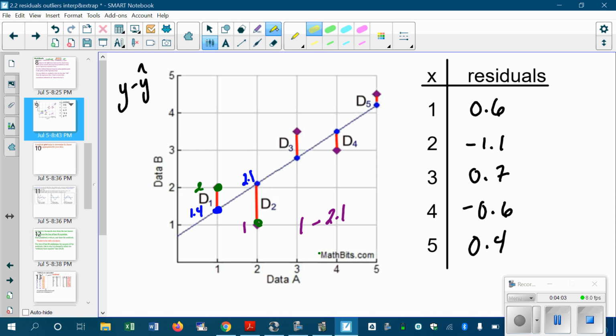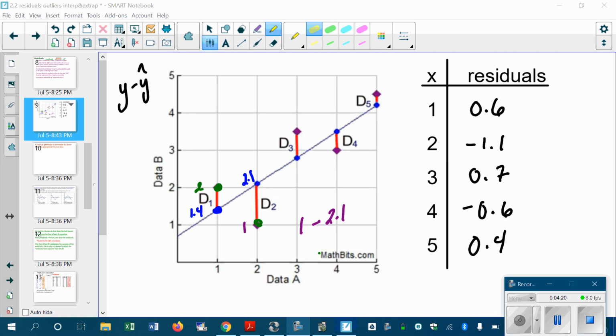It goes right through the middle of our data in a way that the positive residuals and the negative residuals are balanced out. In fact, if you add these residuals up, they should come out to be 0, because you have positive and negative that are in balance with each other.